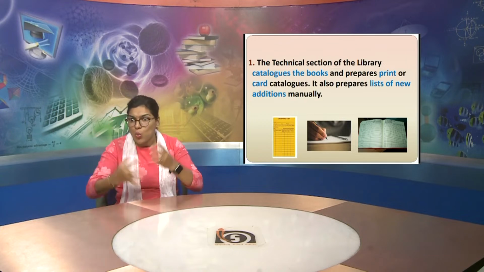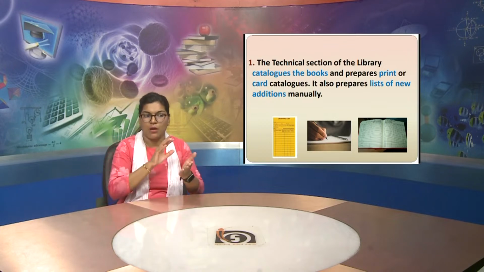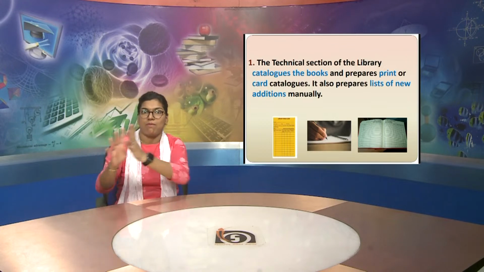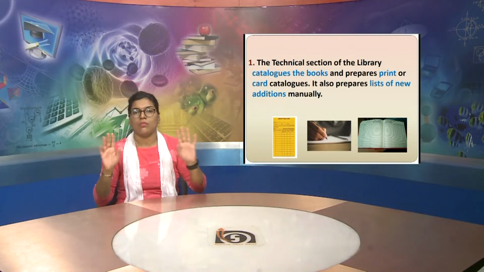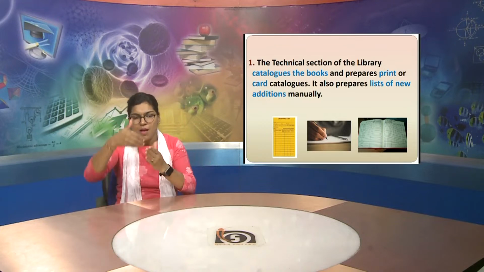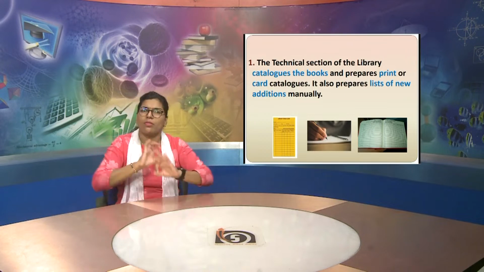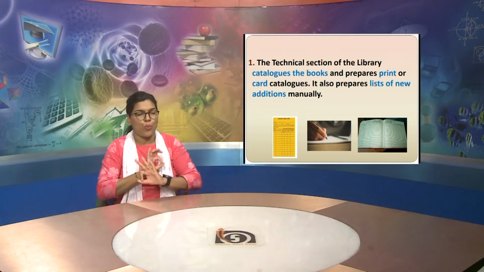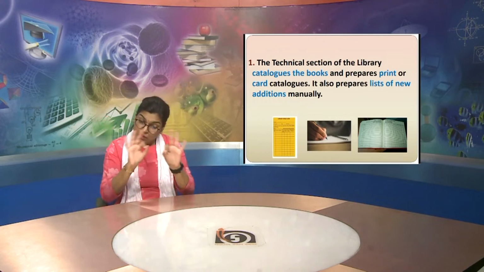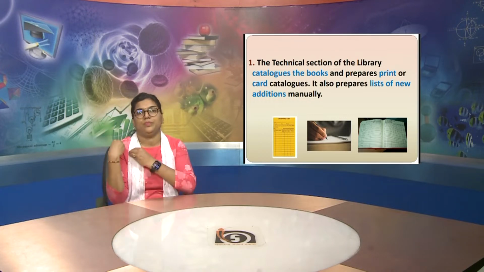And it is the duty of the technical section to keep the catalogs of the books, prepare the list in a proper way, and keep updating the list. And all this is done manually.